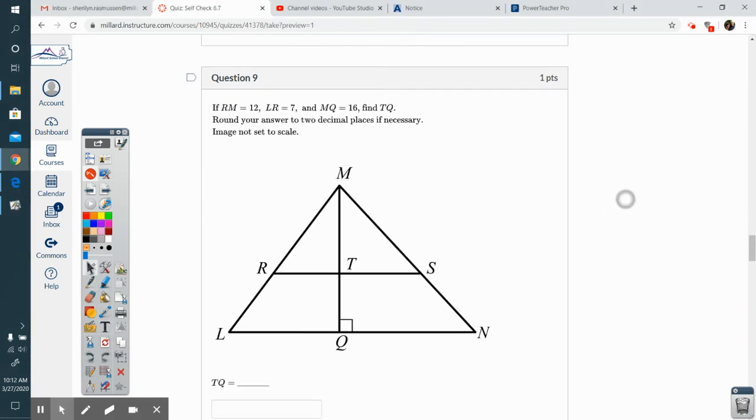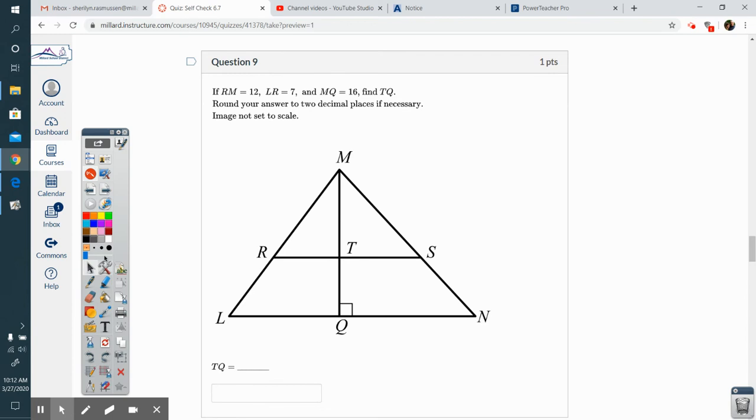All right, let's get it so that we can see this one. Okay, RM. If RM is 12, LR is 7, MQ, big side, is 16, find TQ right here. This is what we're trying to find. We'll call it X. So let's set up our proportion.